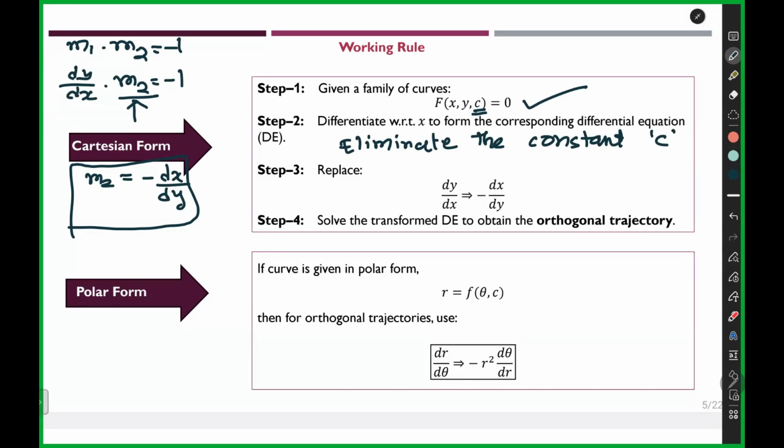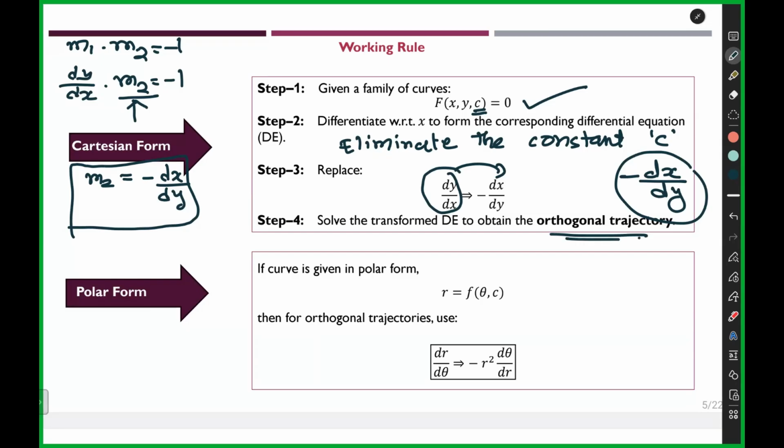Then we replace dy by dx with minus dx upon dy, and we get a new differential equation. Solving that first order differential equation, we get the new family of curves, which is known as the orthogonal trajectory for the given family of curves.